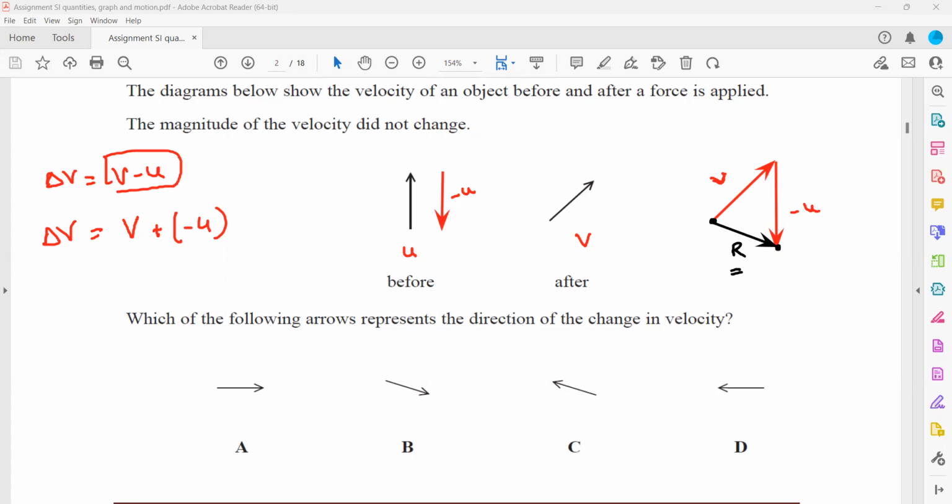It matches with option B. So in vector subtraction, when we subtract two vectors, it's also addition. But how do we solve it? We draw the first vector, then we draw the opposite of the second vector. And to get the resultant, it's the tail of the first to the head of the last.